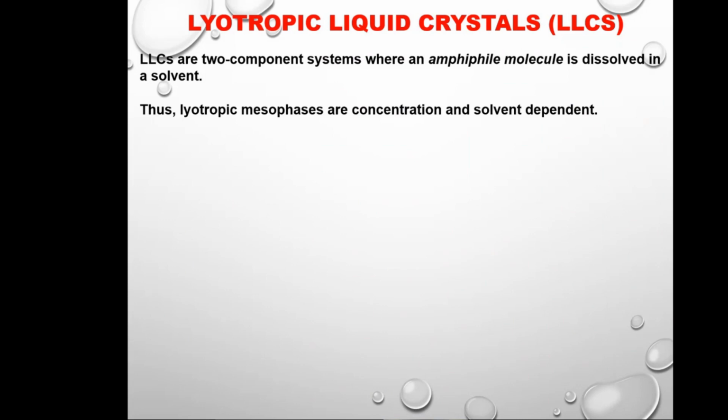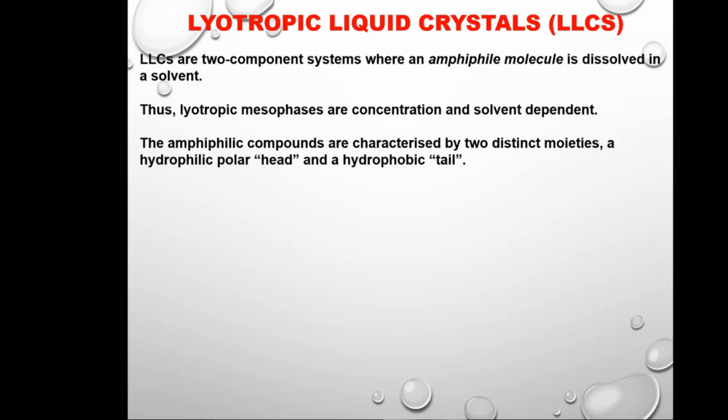The lyotropic liquid crystals are two-component systems which have an amphiphilic molecule dissolved in a solvent, and hence the most important feature of lyotropic liquid crystals is that they are concentration and solvent dependent.